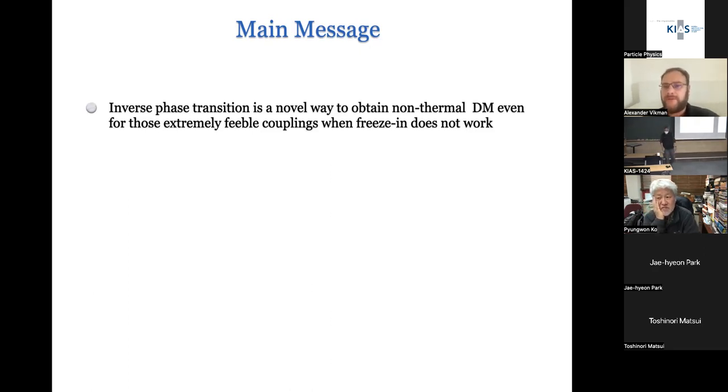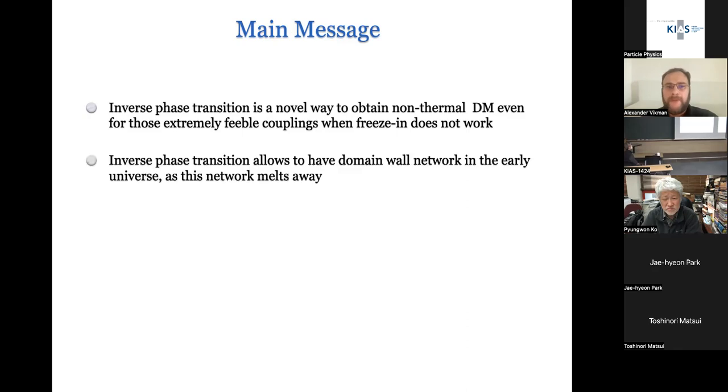So what we are going to talk about is a scalar field dark matter sector coupled to thermal degrees of freedom with really fantastically tiny couplings. And nevertheless, it can be dark matter.